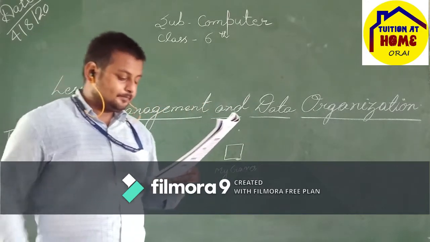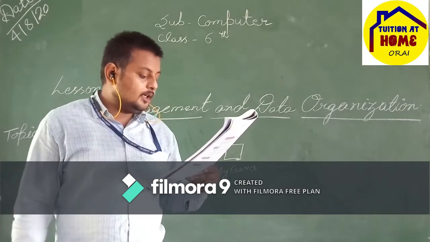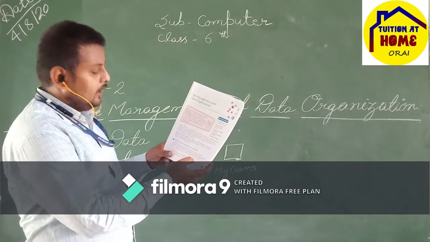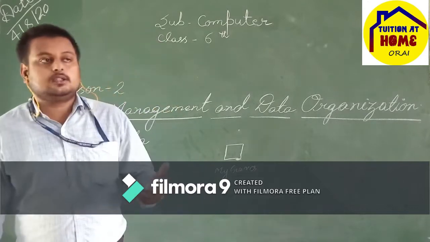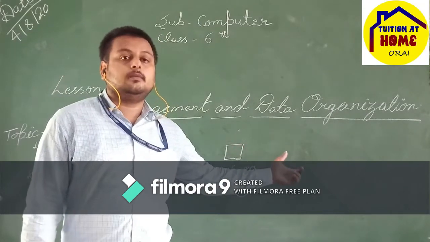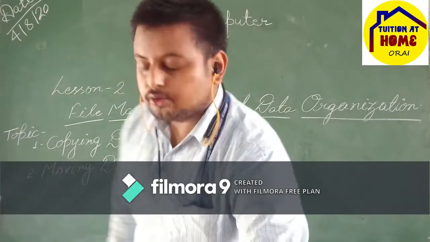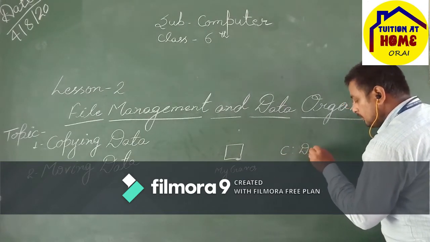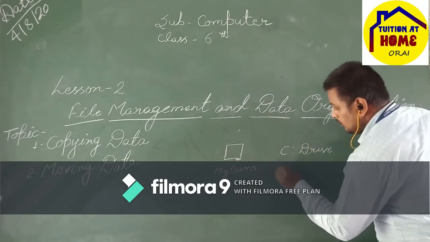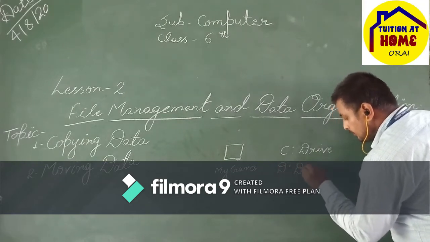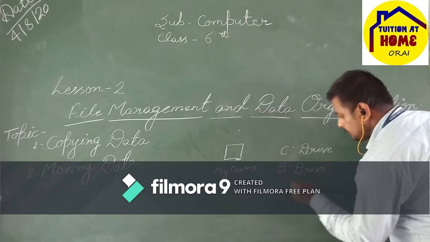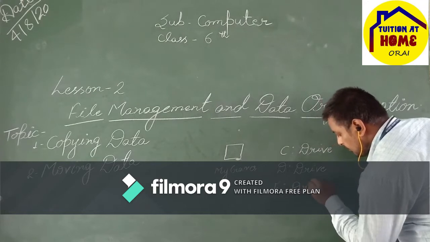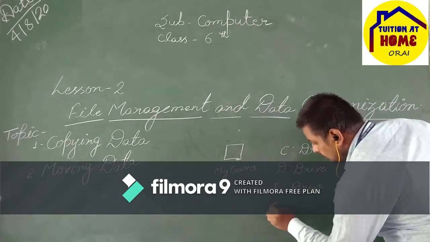Okay, after that, a drive is represented by a letter. The hard disk drive, for example, can be represented by the letter C, D, E and so on. Suppose your computer system has 1 terabyte of hard disk, then it will show C drive, D drive, E drive and F drive.